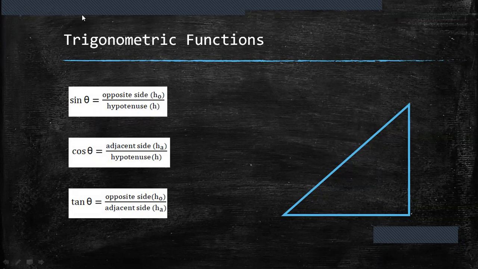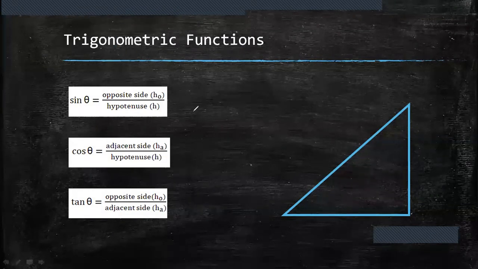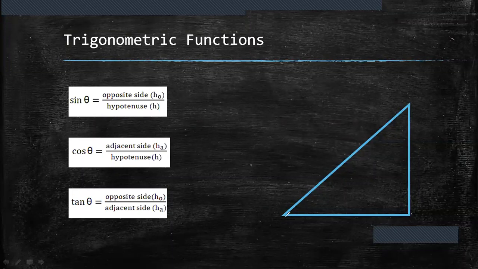The first thing you have to do in getting the trigonometric function is to have your reference angle. Let's say we have here the given right triangle, and either of these angles you may consider as your reference angle. Let's say this one at the lower portion is your theta, and the upper one is your alpha.